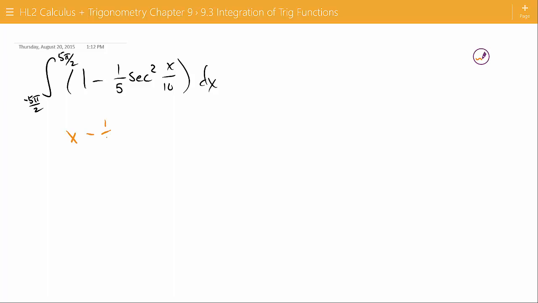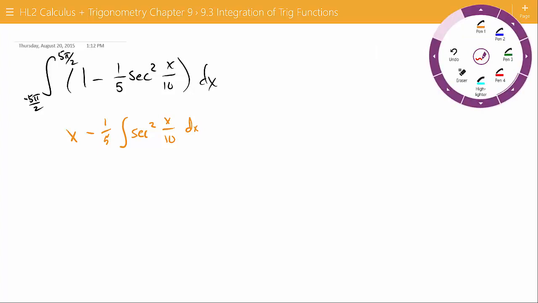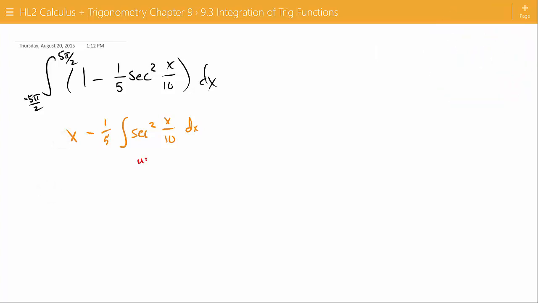We've got 1/5 integral secant squared x over 10 dx. Ew, yuck. I mean, I'm scared. But, you know, I remember we can use a u substitution.